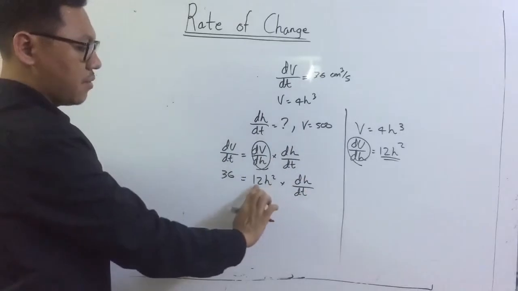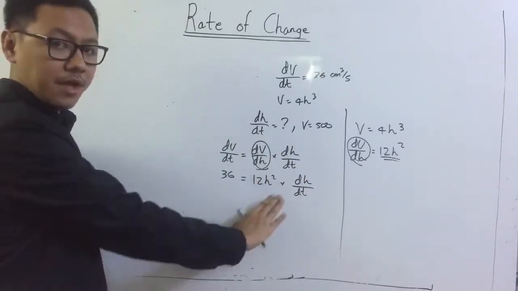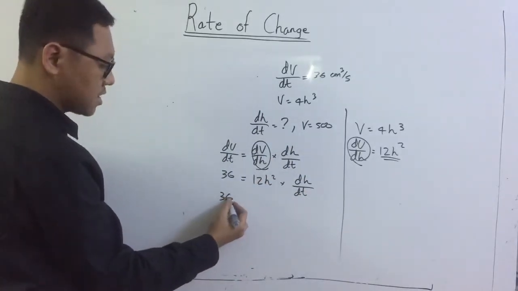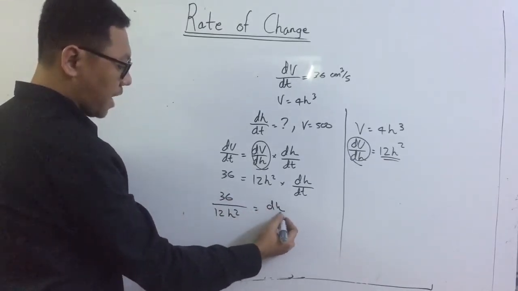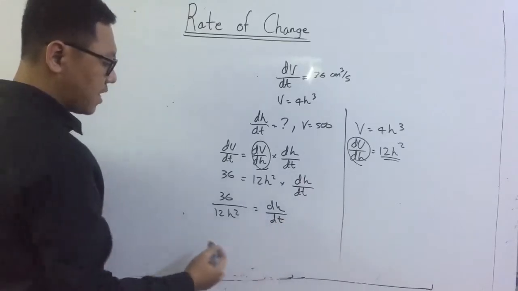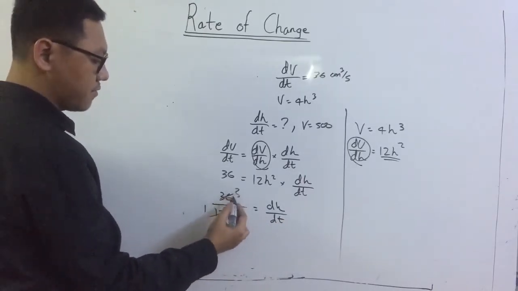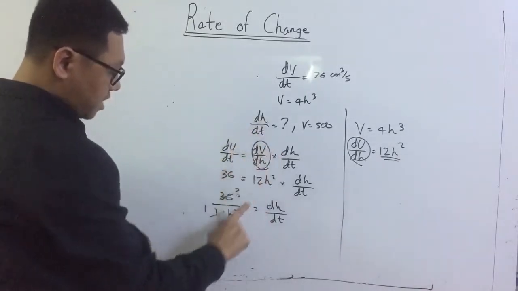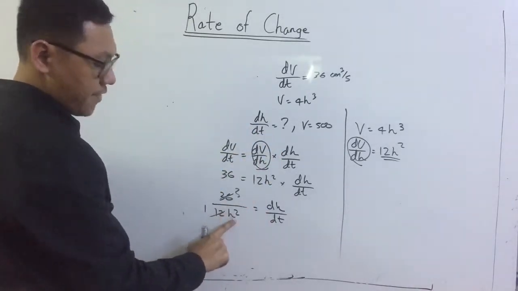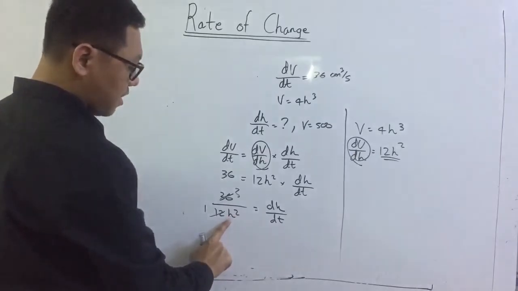We don't want this, we have to move it to the other side. So 36 over 12h squared is equal to dh by dt. And then 12, 1, 12, 3, we can cancel. We are trying to find dh by dt, but we don't know the value of h. So we need the value of h.